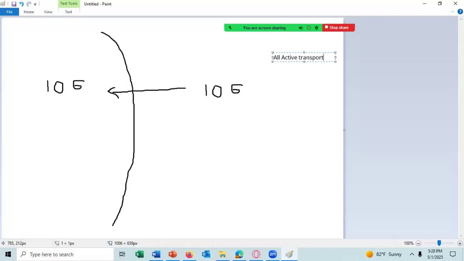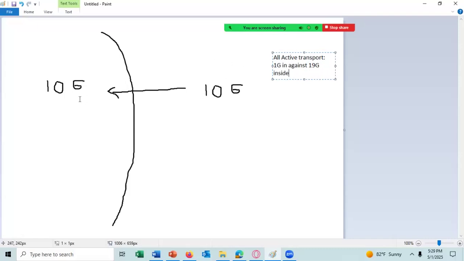On the last one that moved into the cell, we would be moving one glucose, I'm just going to go G, in against 19 glucose inside. That's quite a stiff gradient difference.